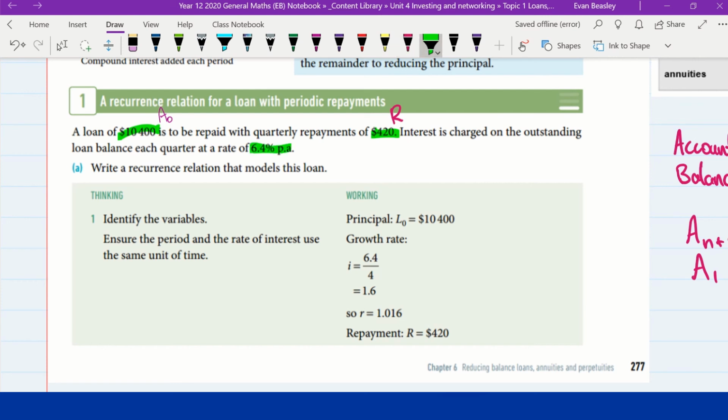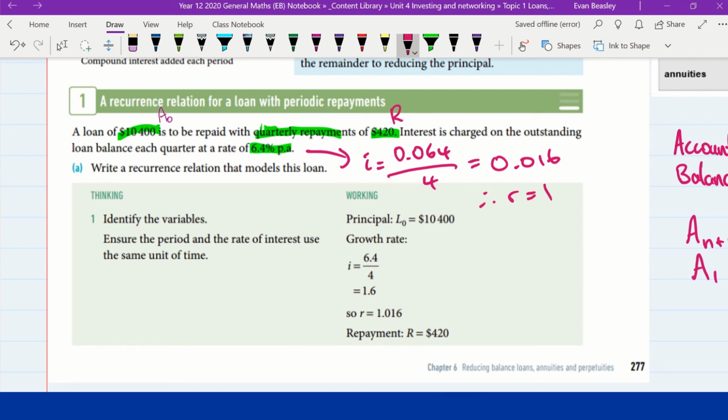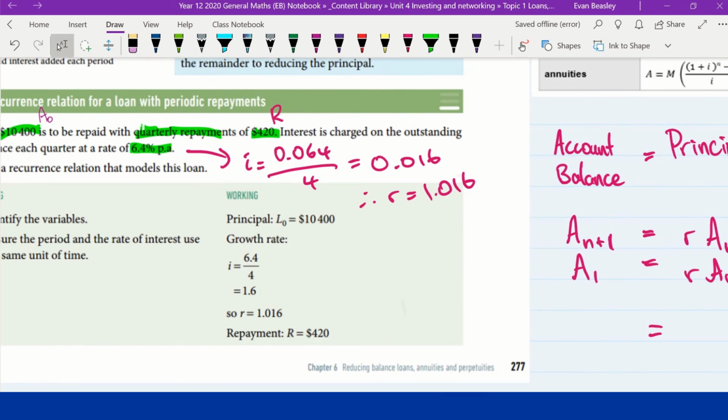We're going to write a recurrence relation for this loan, and we note that it's quarterly repayments. So in this case, I is going to equal 6% is 0.06 over 4 quarters in a year. That's going to give you 0.015, and therefore your rate is going to be 1.015, just to add the 1 on.